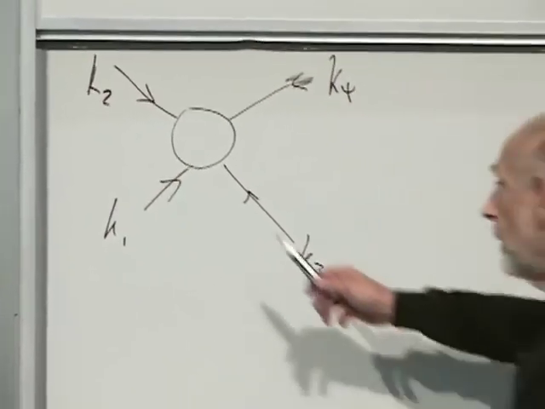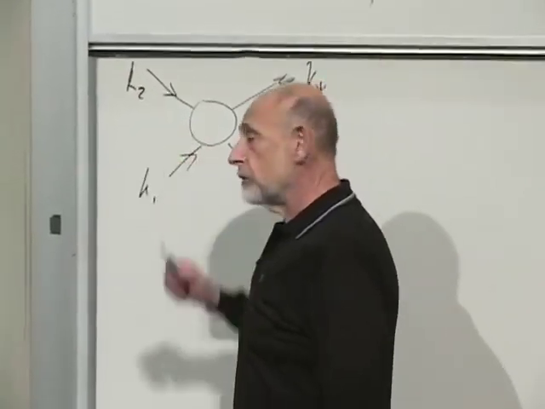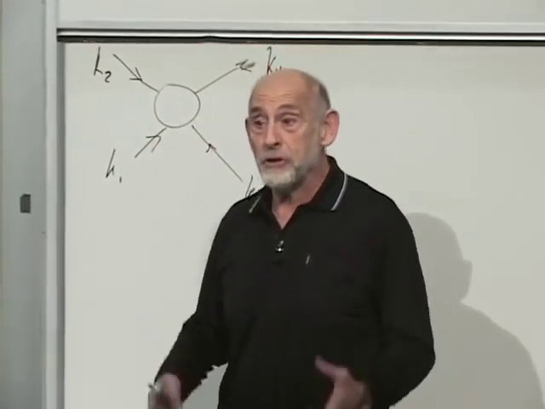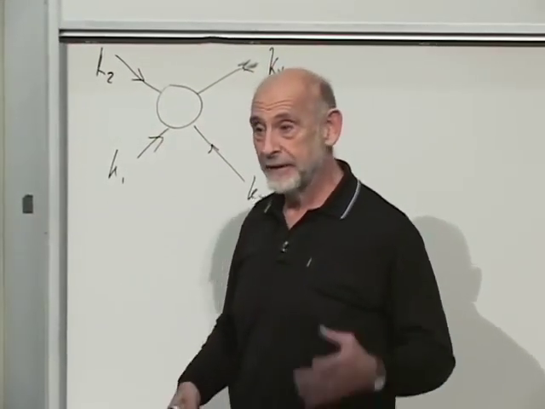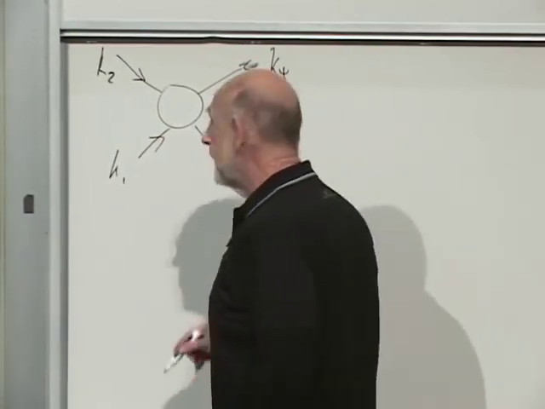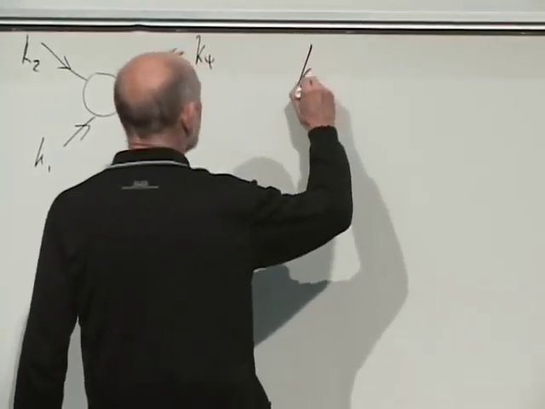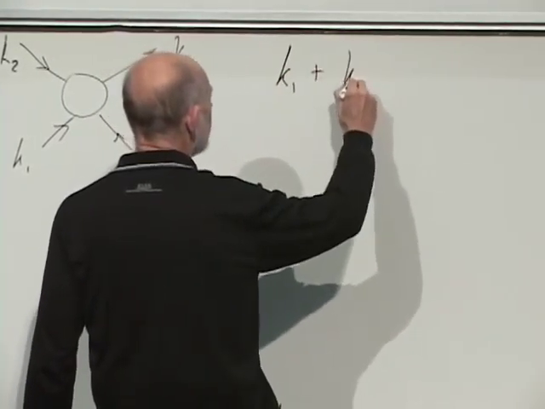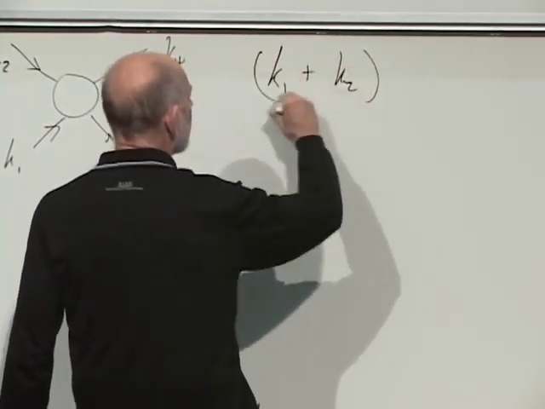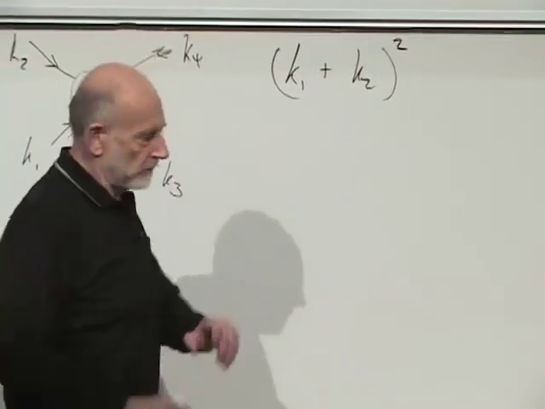But you don't have to be talking about K1 squared or K2 squared. You could be talking about K1 plus K2 squared, right? That's a good invariant. K1 as a 4-vector. K1 plus K2 squared. Now remember what that means.